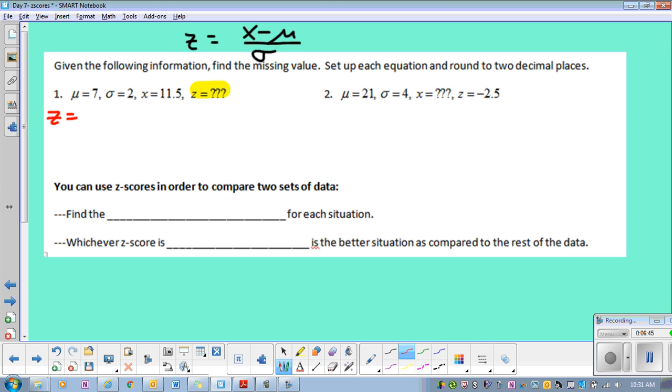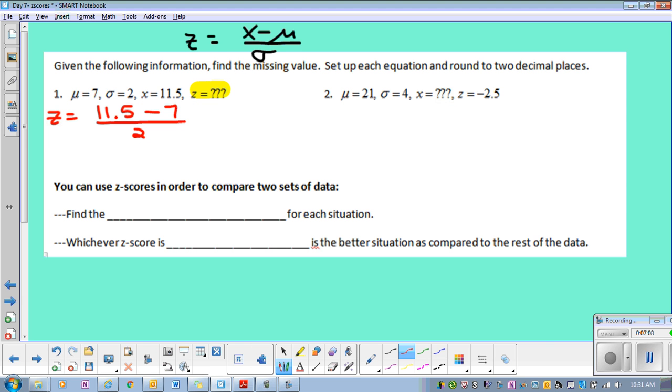z equals x minus mu over sigma. Now plug all of that in and tell me what you get. 2.25.